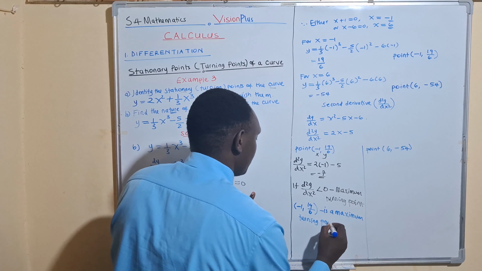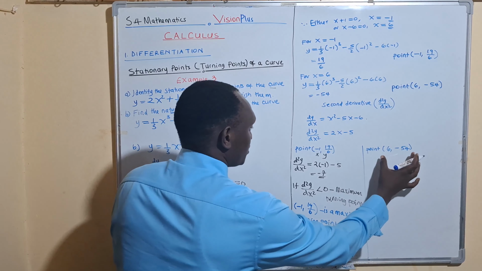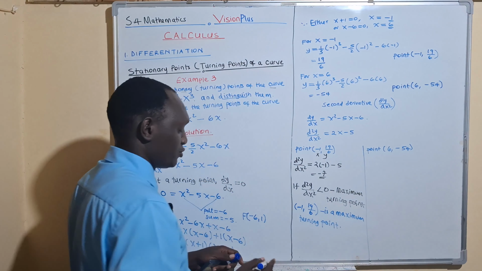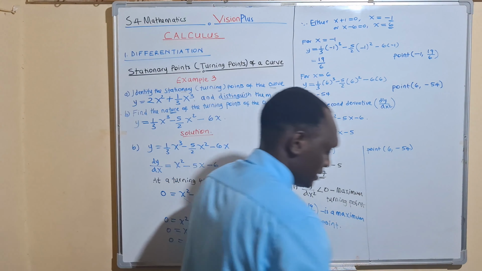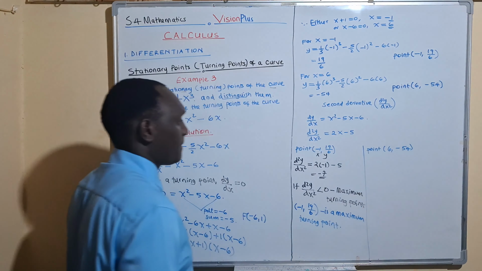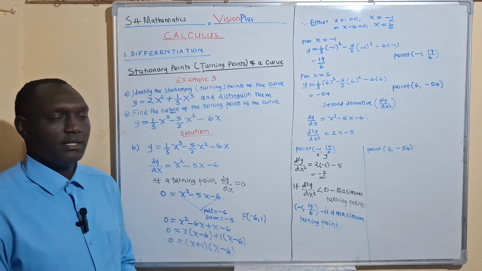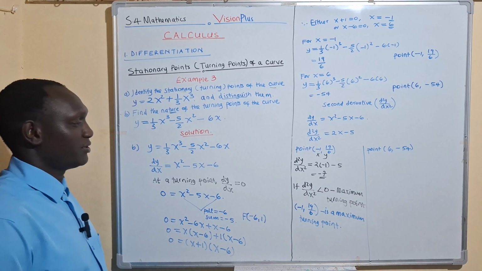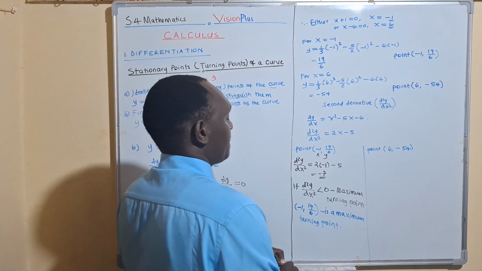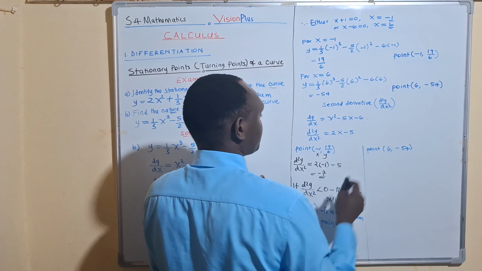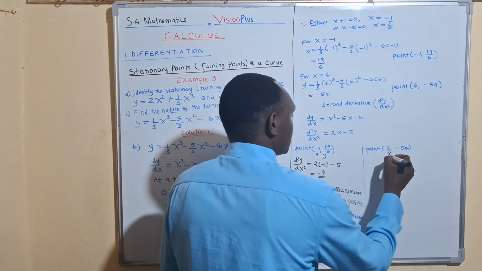How about now the second point? We don't expect the second point to be a maximum turning point, because two points cannot both be maximum on the same curve. Now, we say this is x, this is y.